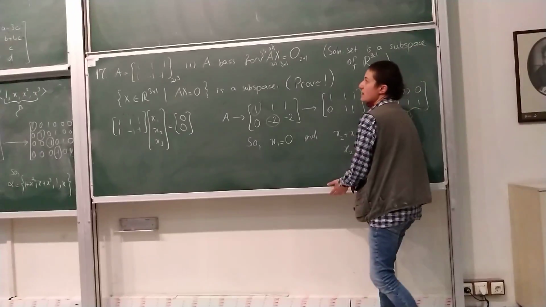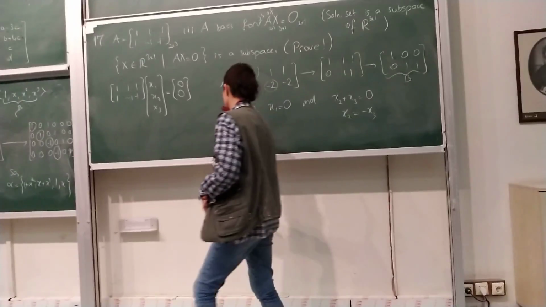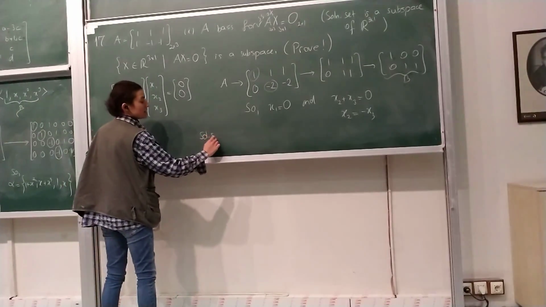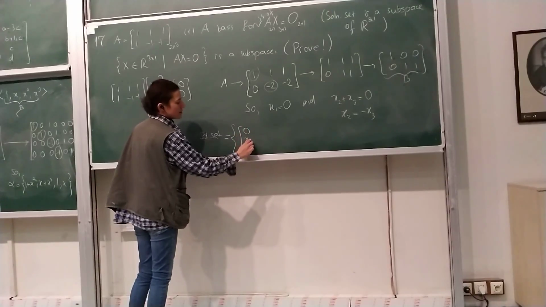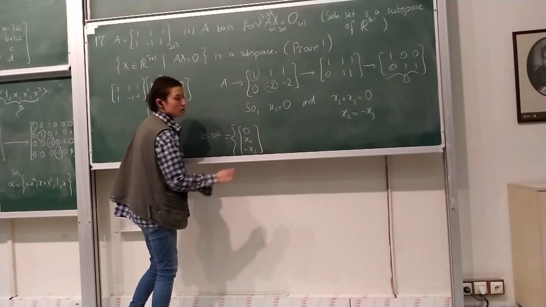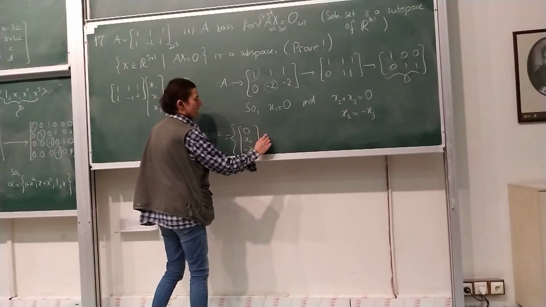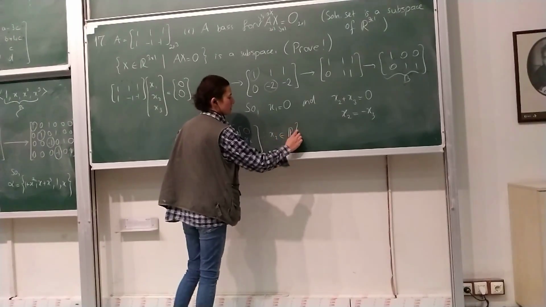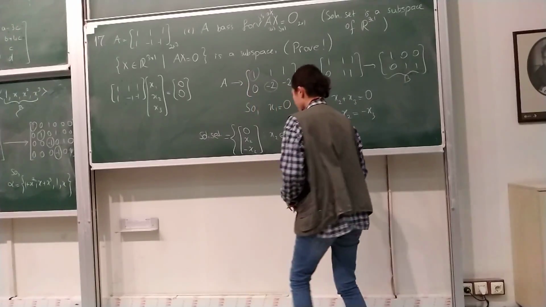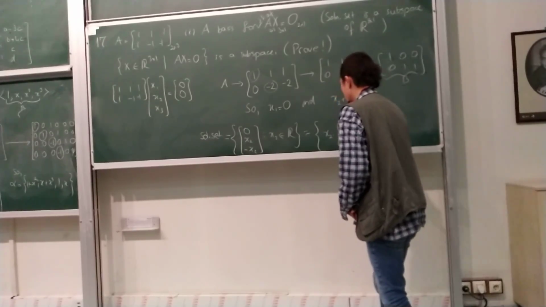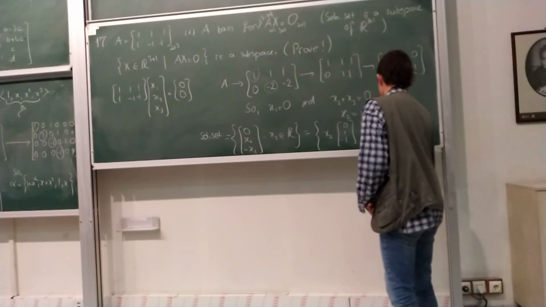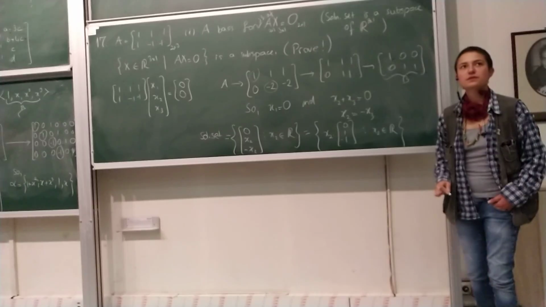So the solution set, let's say, will be (0, x2, minus x2), where x2 runs through all reals, which means x2 times (0, 1, minus 1), where x2 runs over all real numbers.